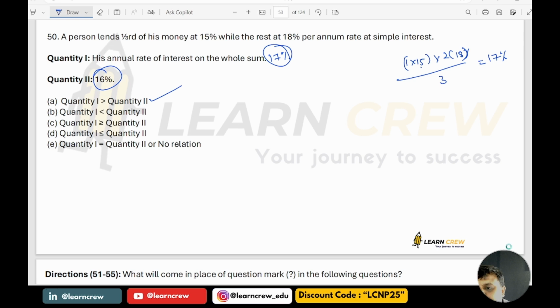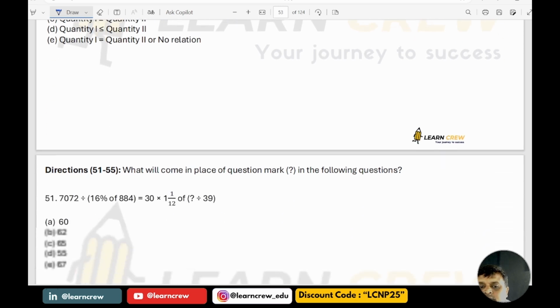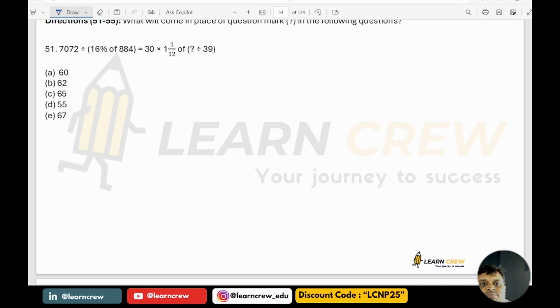Now 51 to 55. We have to do the simplification here. 7072 divided by 16 percentage of 884 is equal to 12 into 1, 12 into 12 plus 1, 13 by 12, x divided by 13. 13 3s are 39.